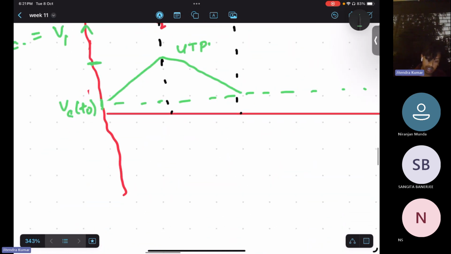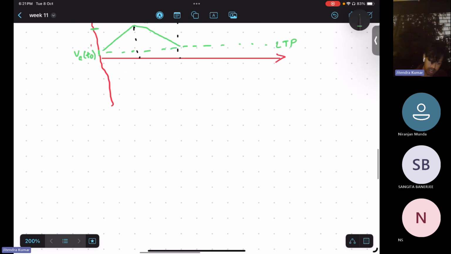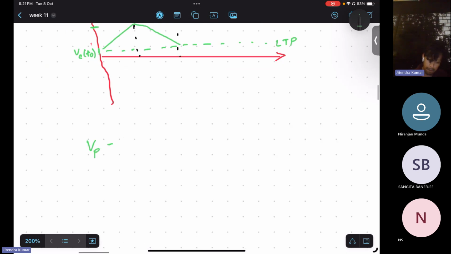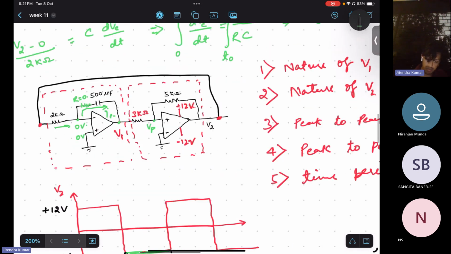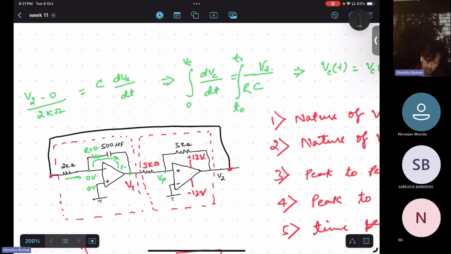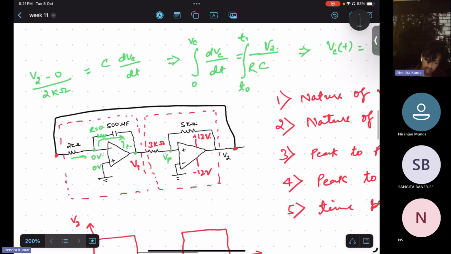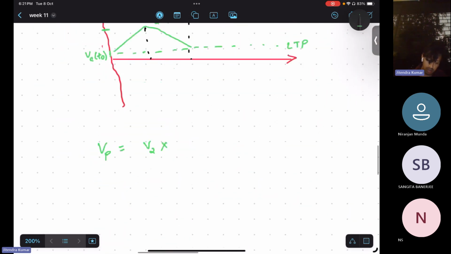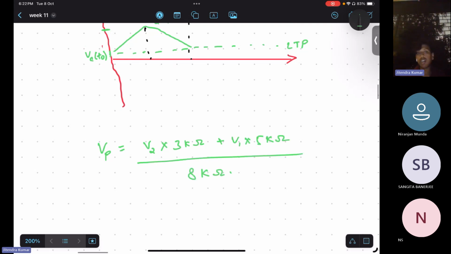So that I am going to write here. Vp is equal to V2 into 3 kilo ohm plus V1 into 5 kilo ohm, divided by 8 kilo.